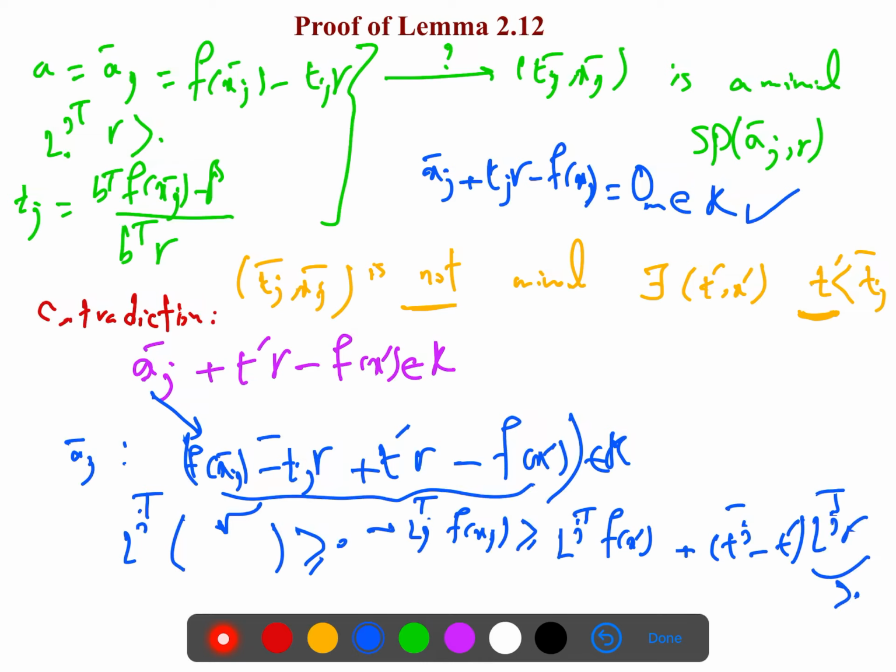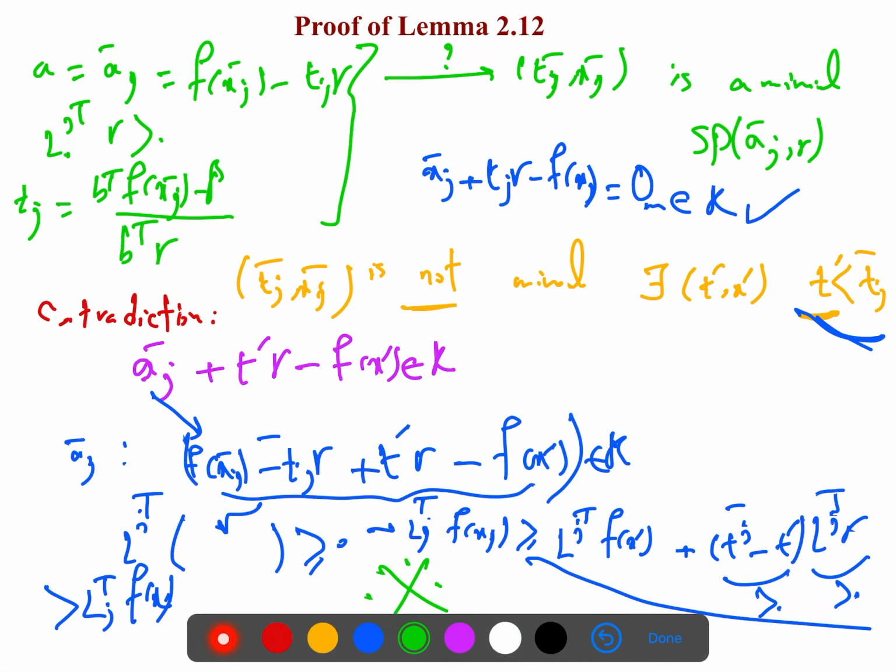Because Lj transpose r is greater than 0, and tj bar minus t prime is greater than 0 because we said that t prime is less than tj bar, the overall thing is greater than Lj transpose f of x prime, and this is a contradiction to xj bar being a minimal solution of the scalar problem, equation 2.12. So we have proved that the second part of Lemma 2.12 holds.